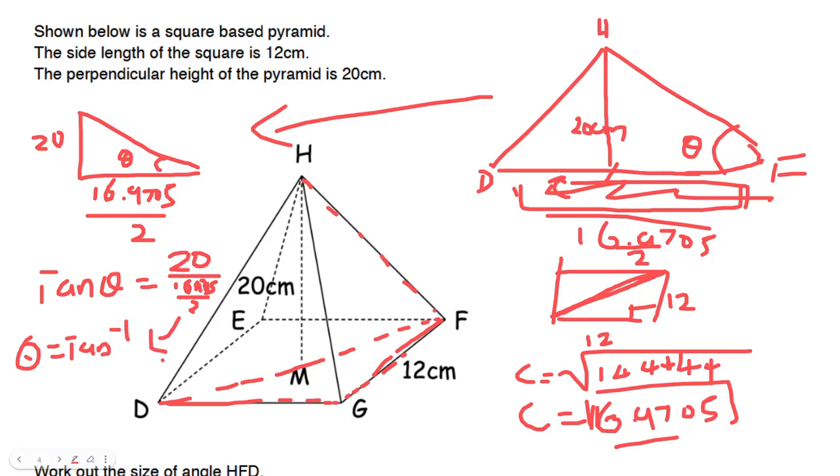Let me just get that done real quick. Tan inverse of 20 divided by 16.9705 over 2 essentially gives us a value of 67.0 degrees. You should refer to the question for rounding, but in your therefore statement, it would be: the size of angle HFD is around 67 degrees, and that is solving 3D shapes.